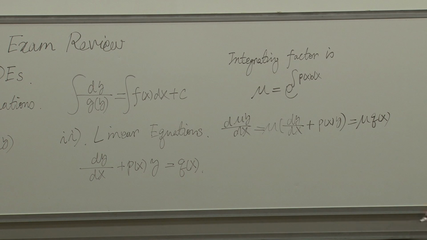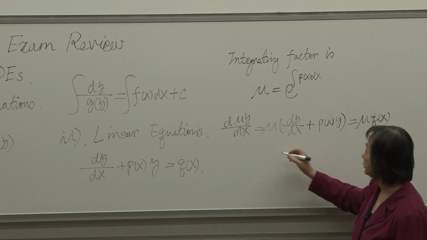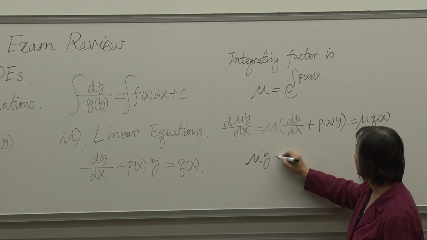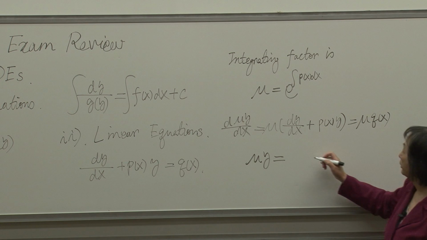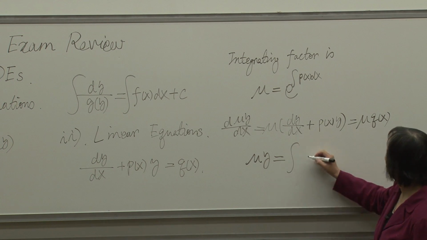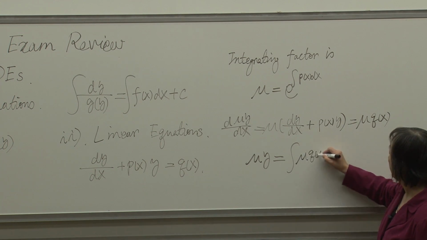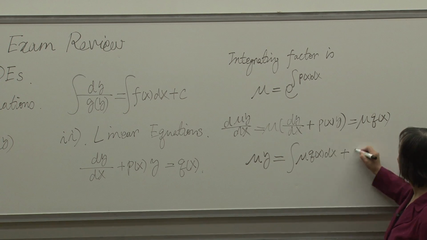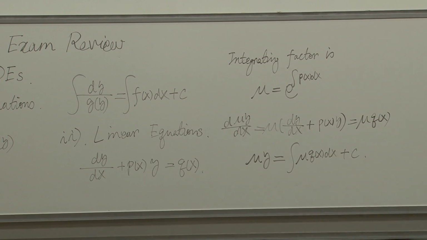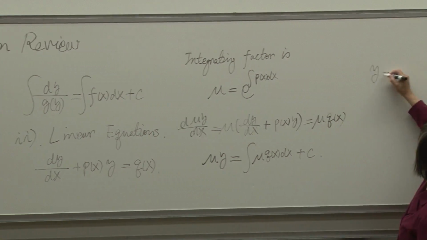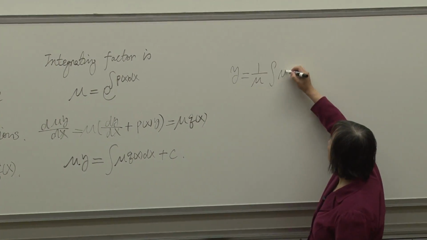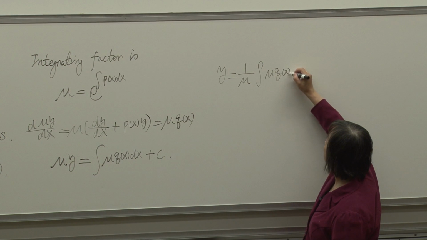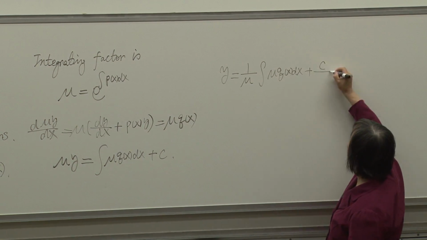Because of this, we can integrate on both sides. So we get mu times y equal to the integral of mu times q of x, plus an integral constant c. Then we solve for y. y is 1 over mu times the integral of mu times q of x, plus c over mu.